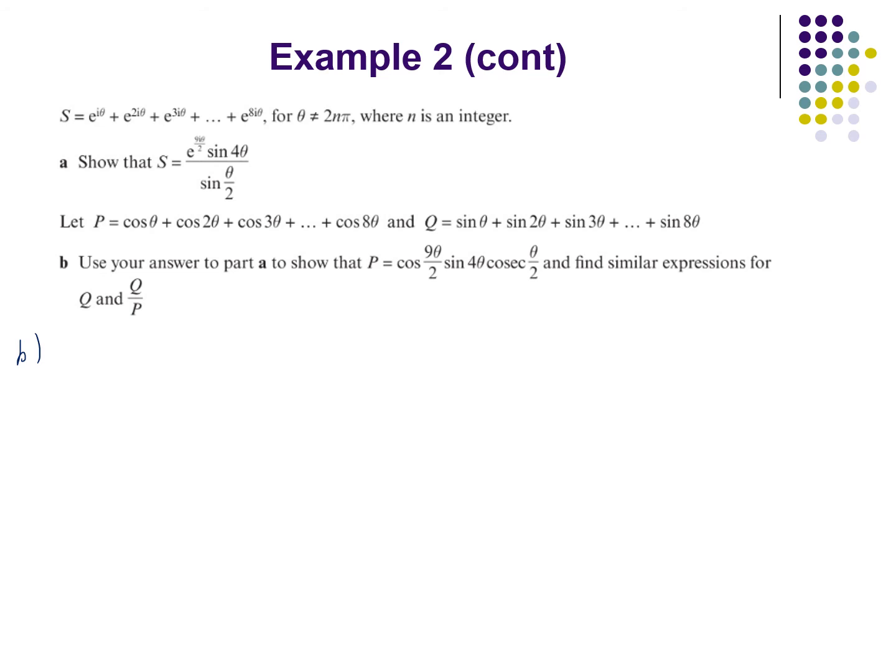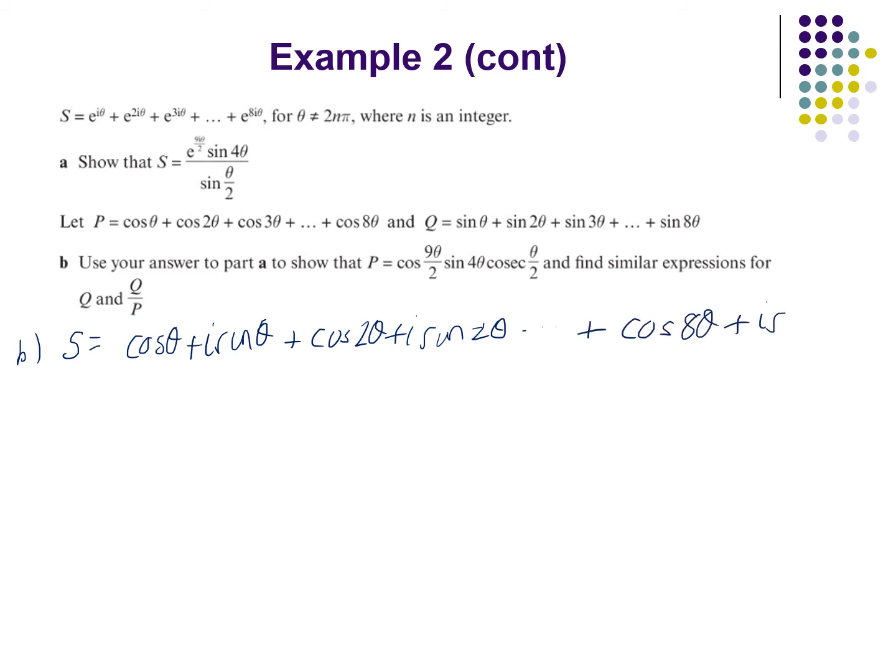S is my e to the i theta, e to the 2i theta, etc. So if I write that as cos plus i sine, it's cos theta plus i sine theta plus cos 2 theta plus i sine 2 theta, all the way up to cos 8 theta plus i sine 8 theta.